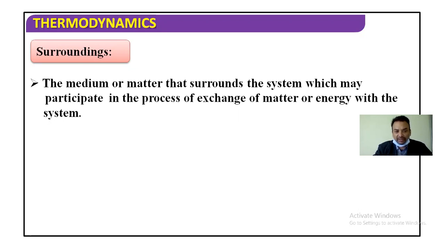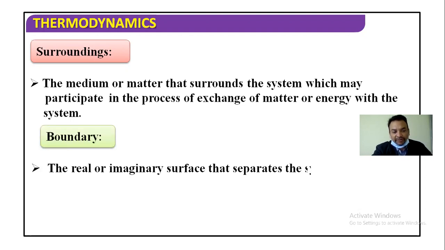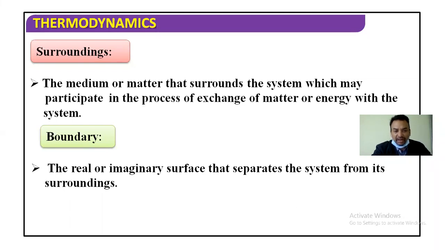As I discussed earlier, there is an exchange of heat, energy or radiation from the system to the surrounding, and from the surrounding to the system. The boundary, as I discussed, may be real or imaginary. It is a line which separates the system from the surrounding.